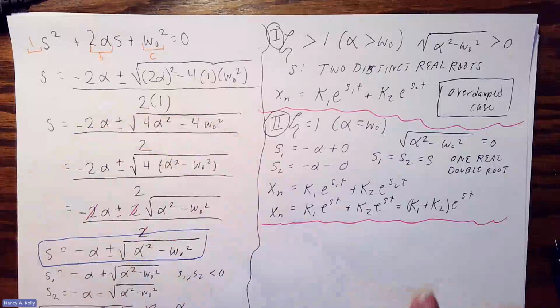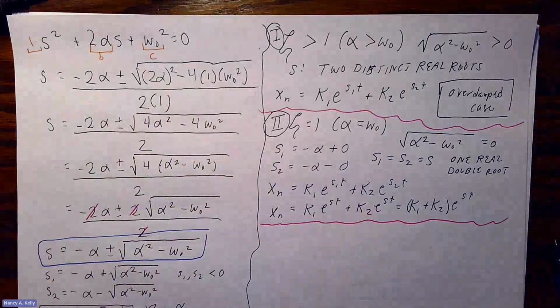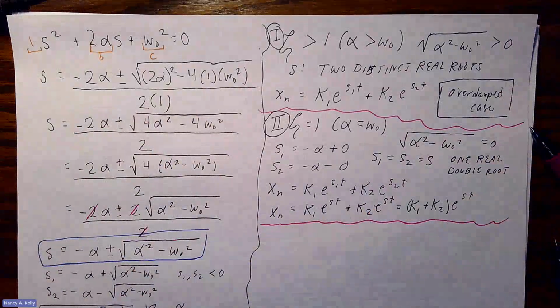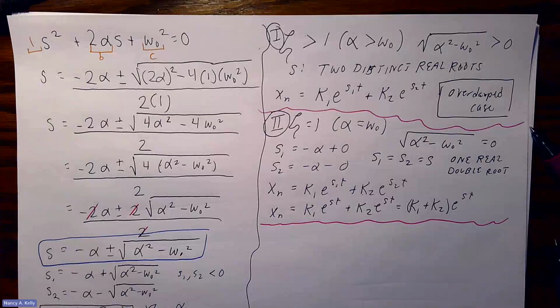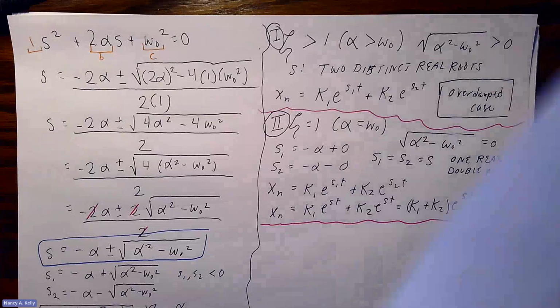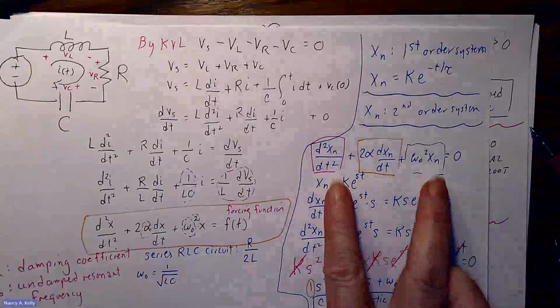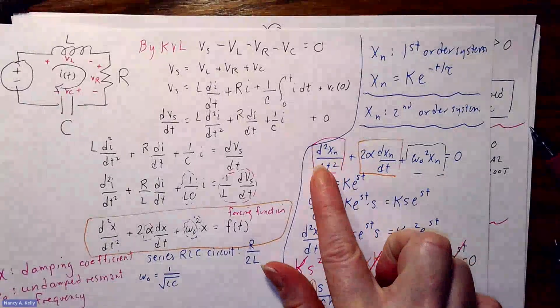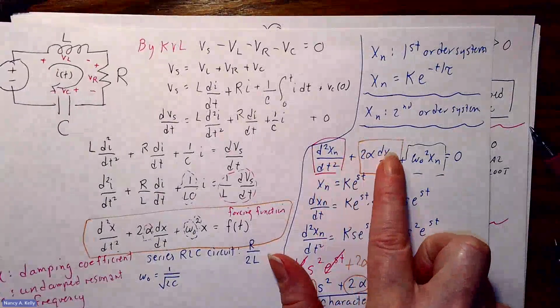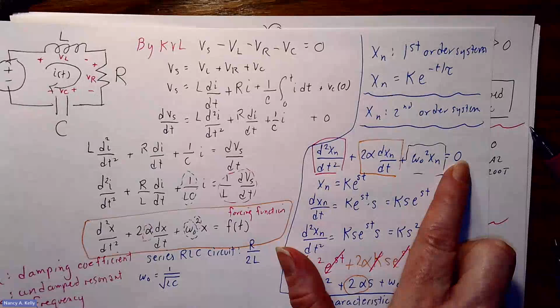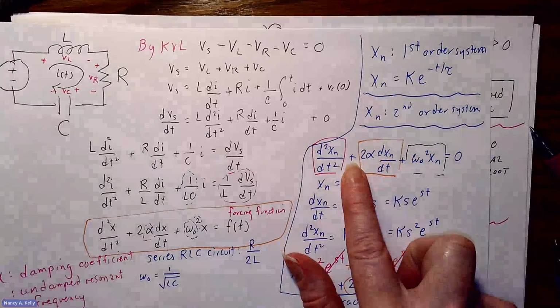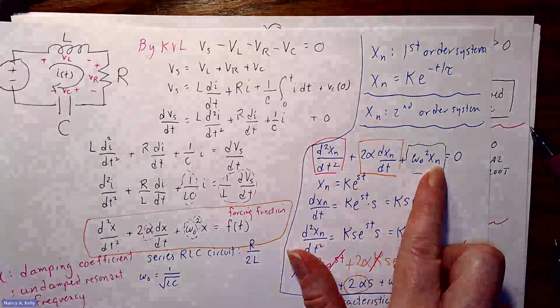We have to have two parts to the natural solution. And so we have to propose a different solution that will satisfy the differential equation that we're working from. I'll remind you what it is. The differential equation that x sub n has to satisfy is right here. It's the left-hand side of the equation set equal to 0. So whatever we propose has to satisfy that.